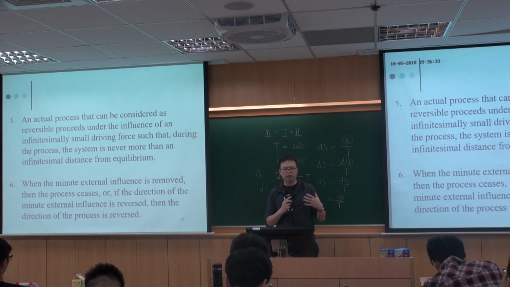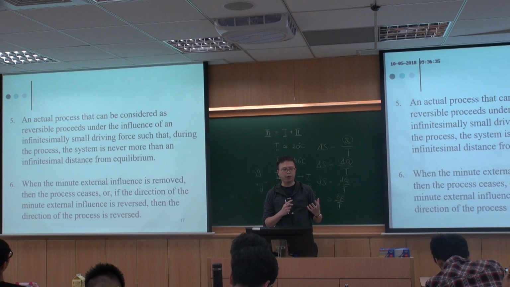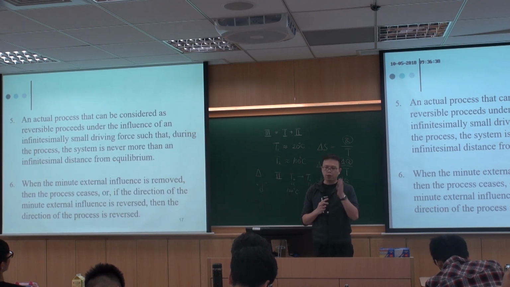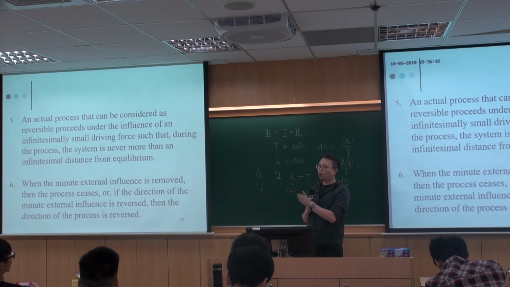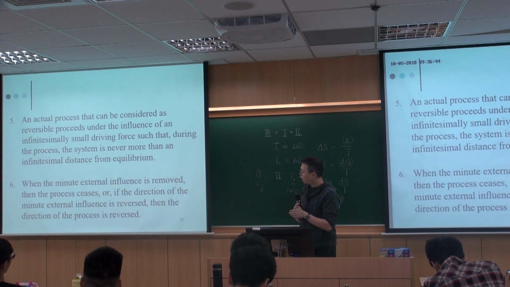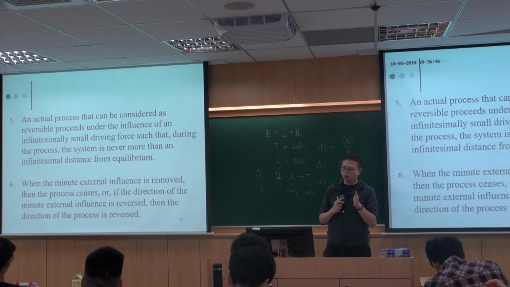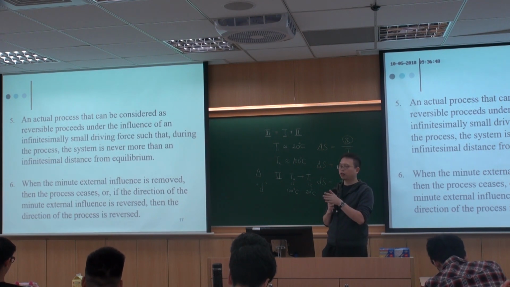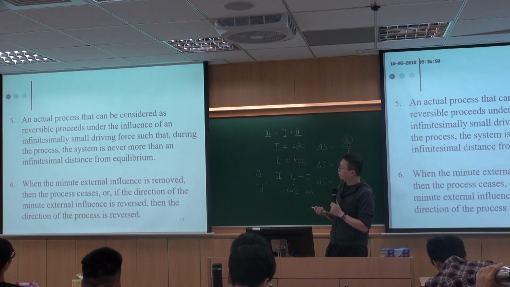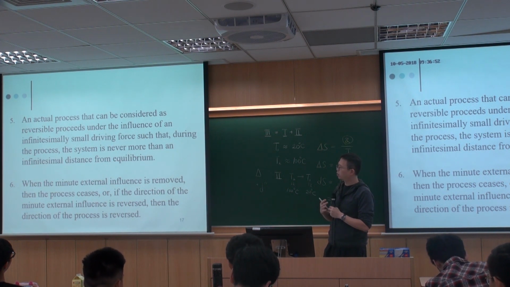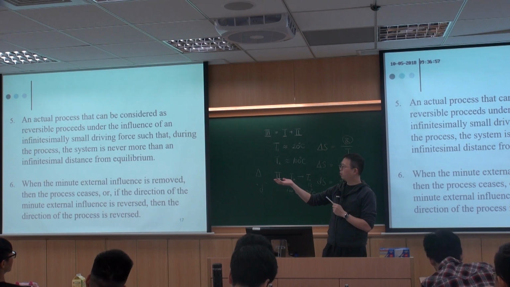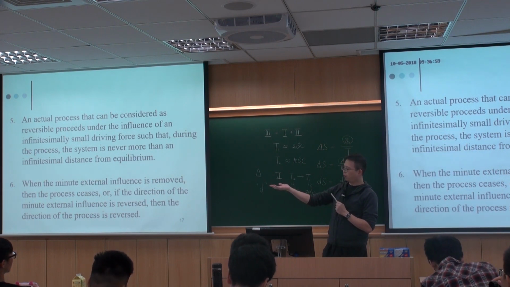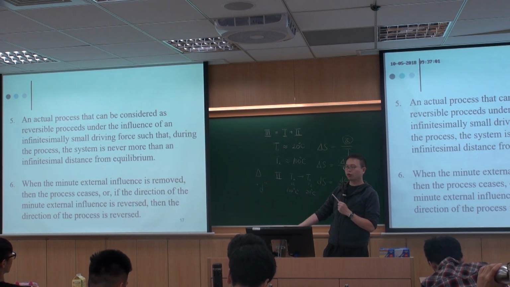So this is a feature of a reversible process: when you remove the driving force, the process will stop because it is always in equilibrium. And if you want to move back, you only need to change the direction of the force. For instance, back to the original example of releasing the weight, if you remove your hand, of course the weight will start to drop.